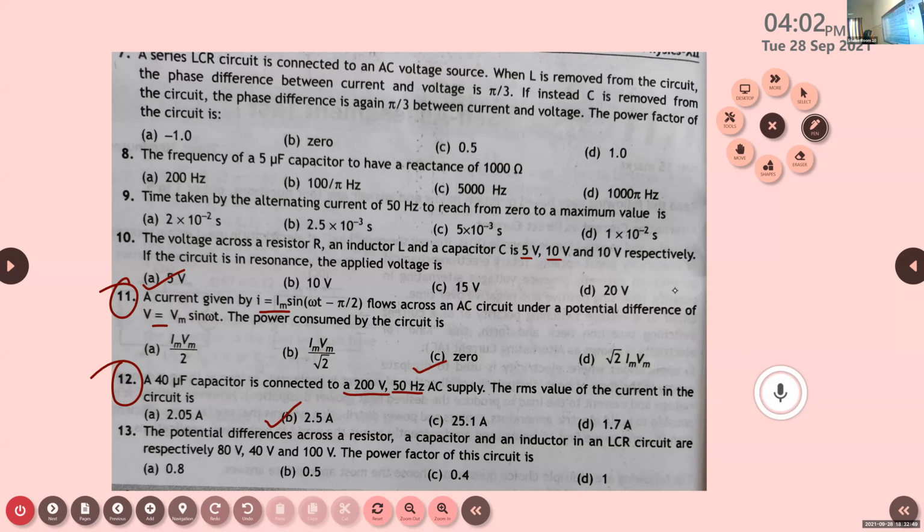Then what is the power factor of this circuit?